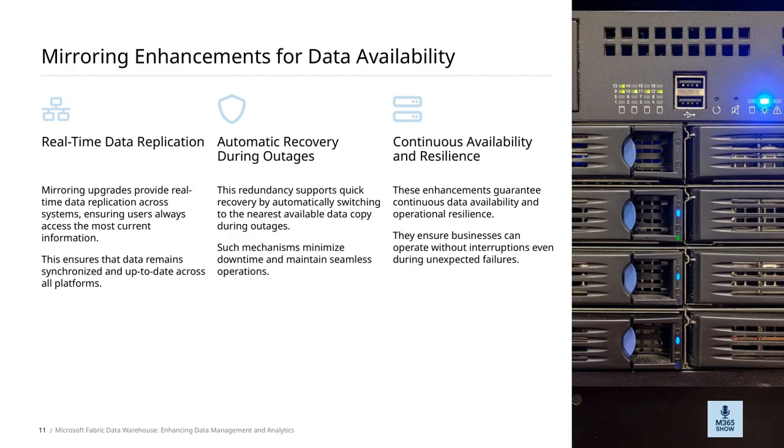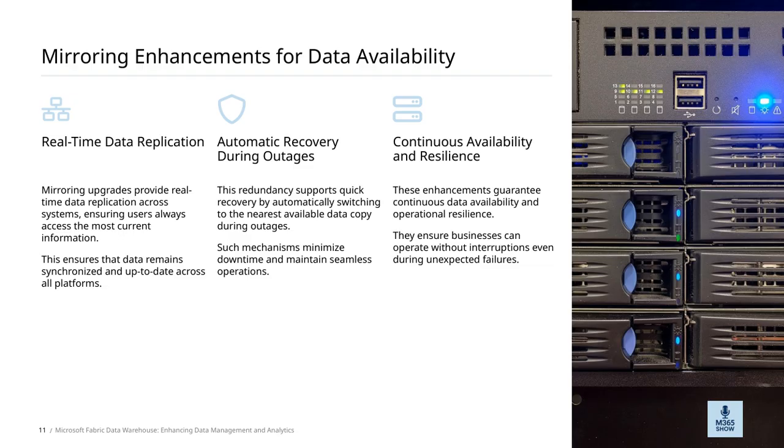One of the key features supporting this is redundancy. It allows for quick recovery by automatically switching to the nearest available data copy during outages. This way, downtime is minimized and your operations stay seamless. Additionally, the automatic recovery mechanisms ensure that even during outages, data is replicated in real time across systems.